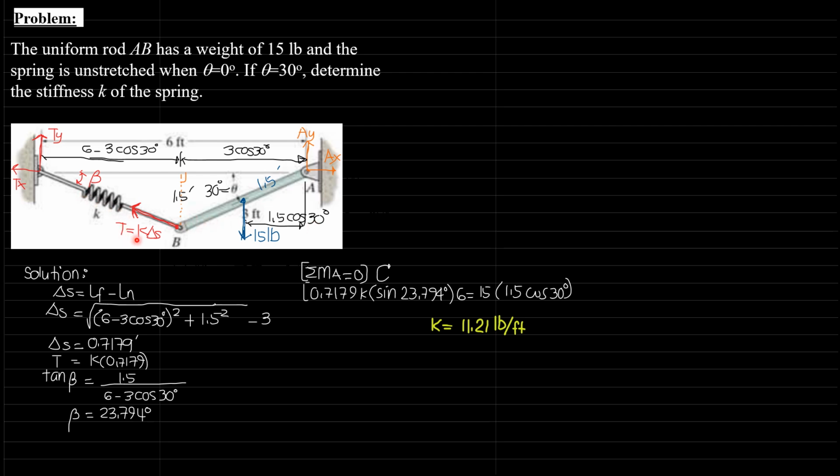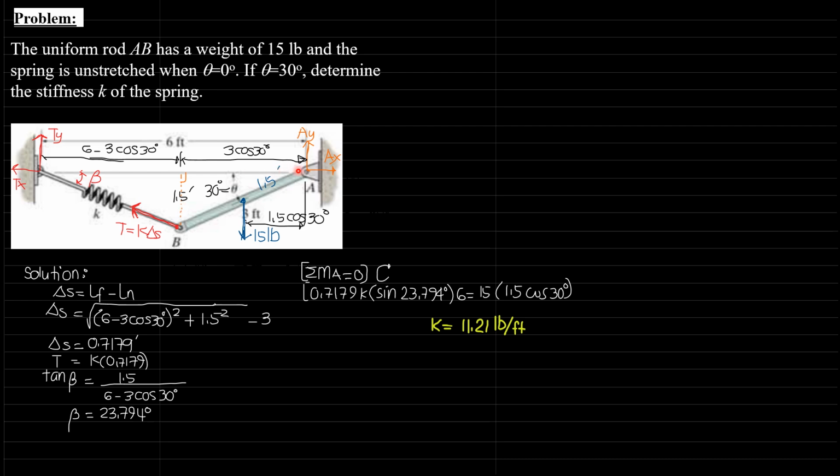Likewise, the tension in the spring, I'll just denote it with T. It is equal to the spring constant times the change in displacement, delta S. Delta S is the final length of the spring minus the unstretched length of the spring, which is 3 feet. Since this is 3 feet and this is 30 degrees, 3 times sine of 30 degrees is this opposite length, which is 1.5 feet.